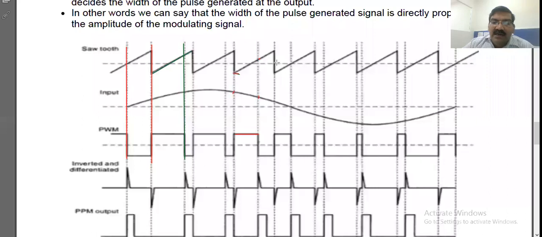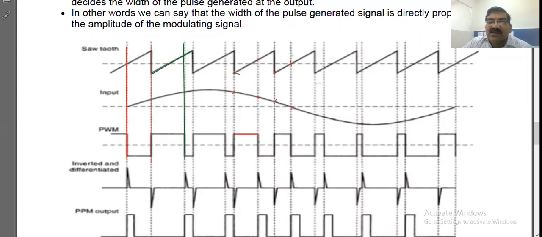Now my sinusoidal instant is going lower. So again, when the sawtooth starts, it again starts here. So the sawtooth is negative, and here it is positive, so it gives a pulse. When it crosses zero, here it becomes negative and the sawtooth becomes positive, so at this instant it is a negative pulse.